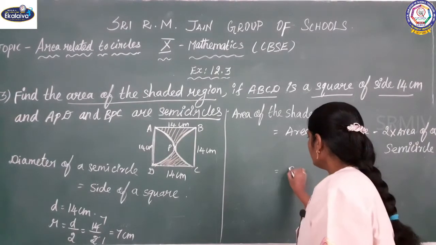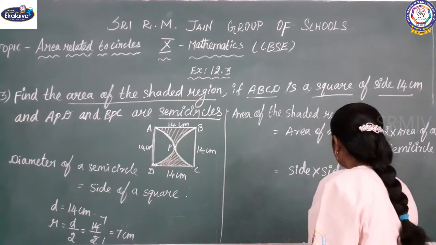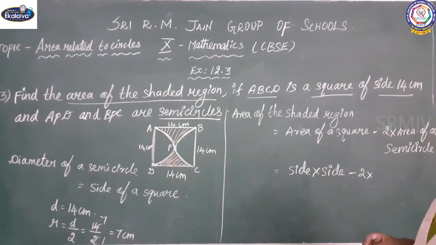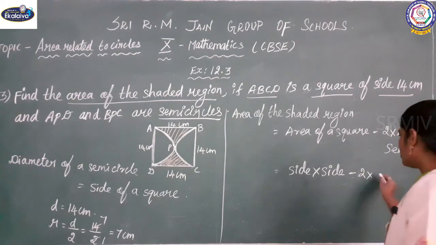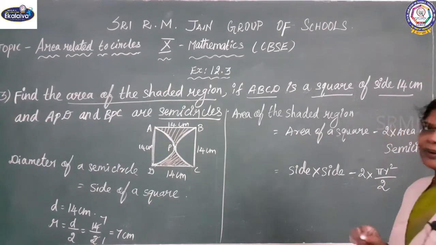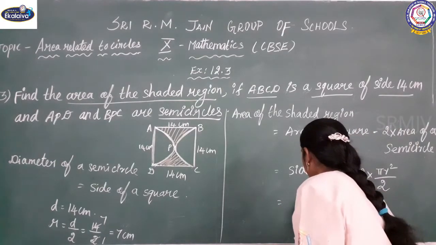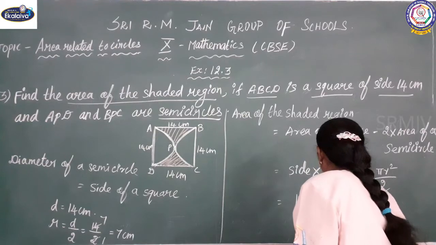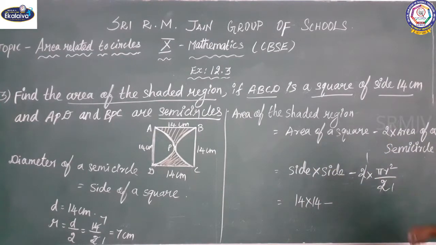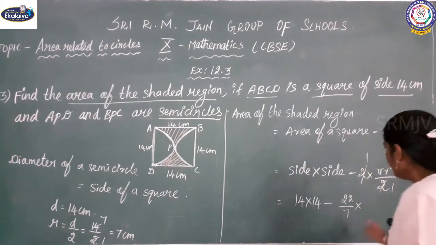So side into side minus 2 into area of a semicircle, pi r square by 2. Substitute the value here. Side of a square is 14 centimeter. So 14 into 14 minus, 2 ones are 2. So pi value 22 by 7 into r square.